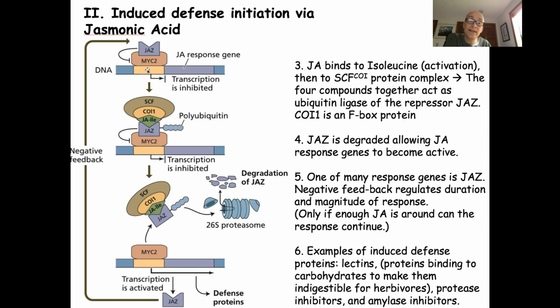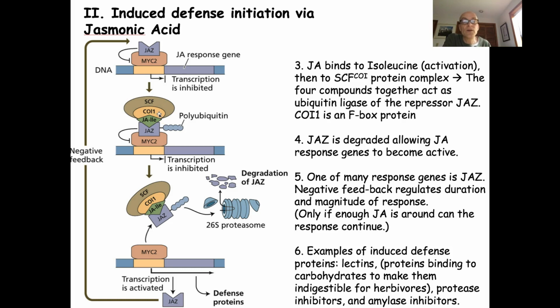So now when there is an attack and jasmonic acid is made, and this jasmonic acid binds to isoleucine and then binds to the SCF-COI complex, these together are also known as members of a large family of F-box proteins. So when these bind together, they can then bind to the JAS protein. And F-box proteins in general, and this one as well, have the ability to degrade their targets.